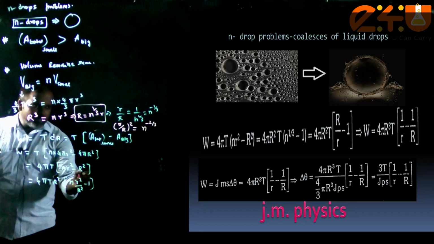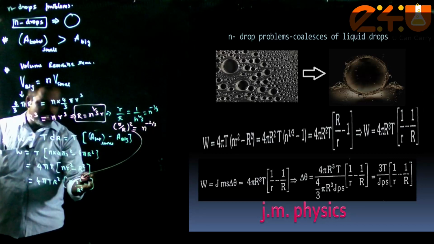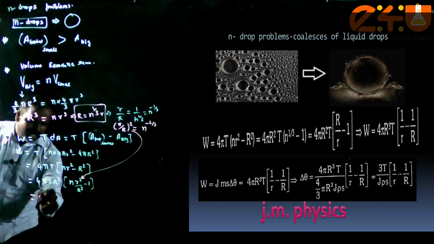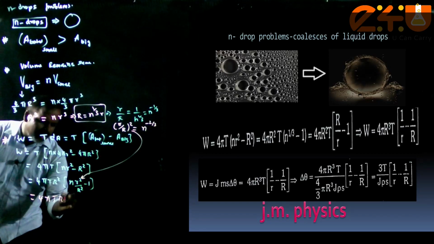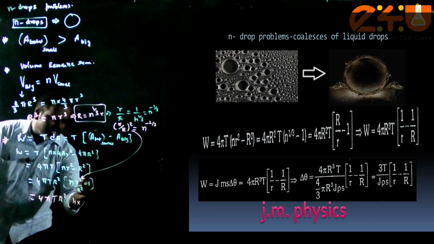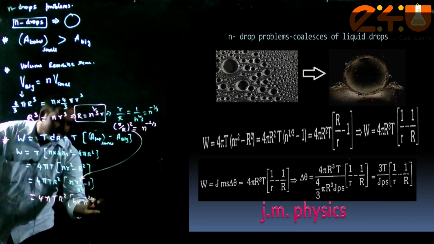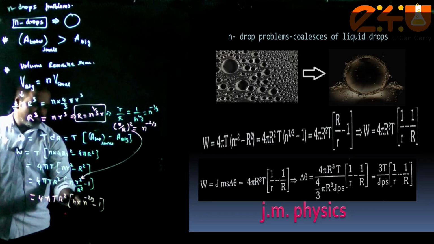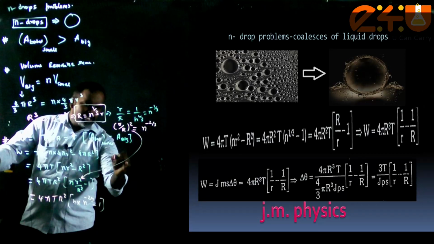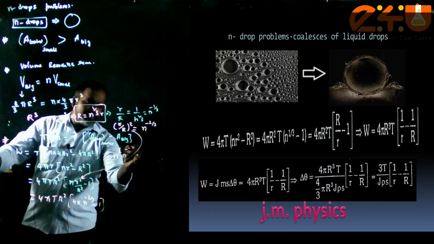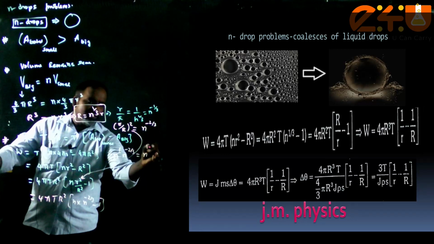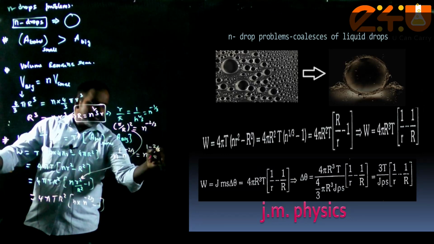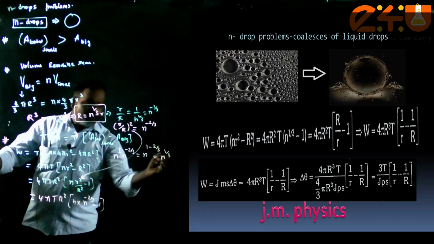Now I can replace this quantity, so I can write 4 pi T R squared into n times n to the power minus 2/3 minus 1. Now n is there, and n to the power minus 2/3 is there, so n to the power 1 minus 2/3 gives n to the power 1/3.